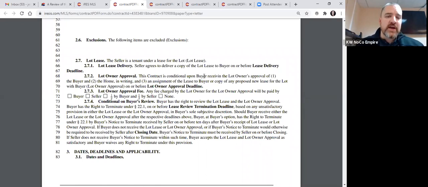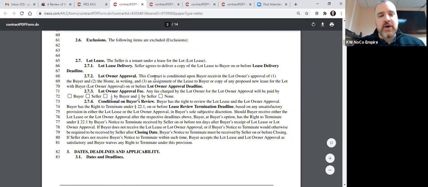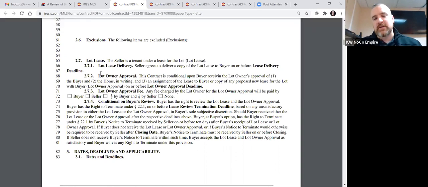So if you thought you were going to bring your 1978 manufactured home and park it on a lot in there, and that was a piece of your contract, right, me being able to sell you this 1978 mobile home or manufactured home, and then you're going to be able to put it on this lot. Well, no, that doesn't work because this park may have certain requirements that say, no, you can't do that.